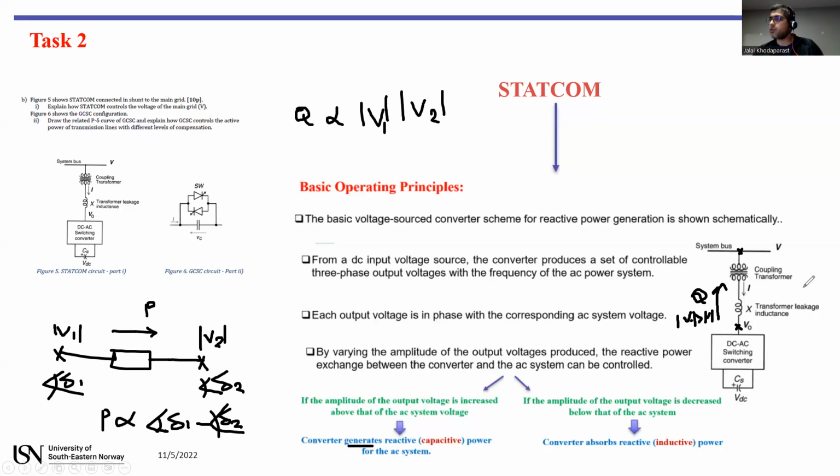However, if you want to absorb reactive power, if V0 is smaller than V, this one can absorb reactive power. So by controlling this V0, we can control the reactive power.